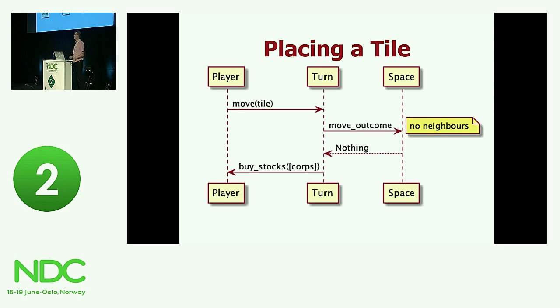Then it asks the space where you're placing that tile: what would be the outcome if I were to play this tile on you? The space will then look around and see what its neighbors are up to and come back with a reply. In this case, it has no neighbors, so nothing would come of this. Then the turn can reply back to the player.